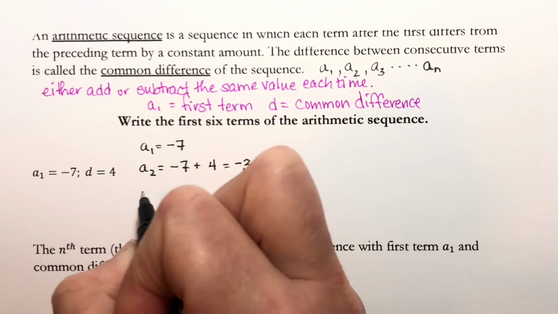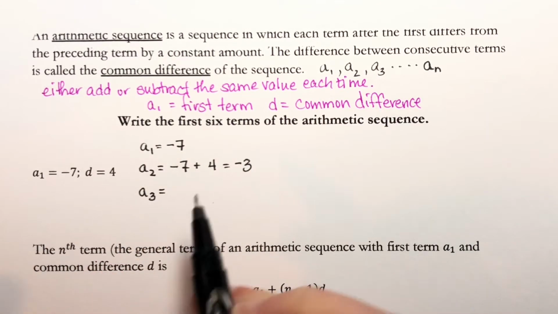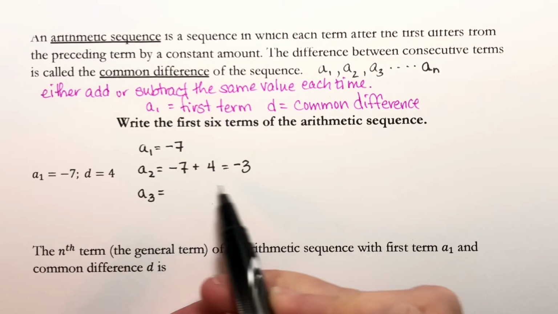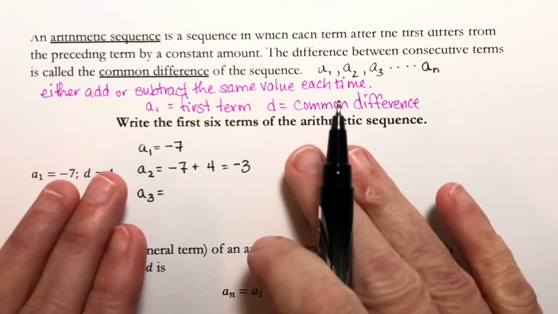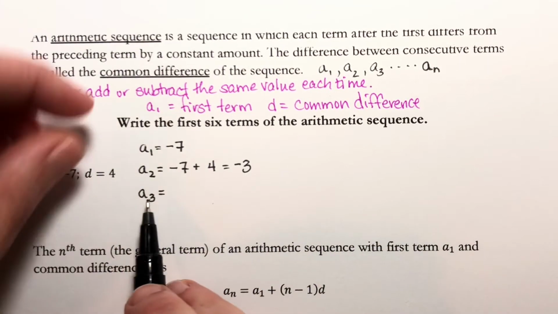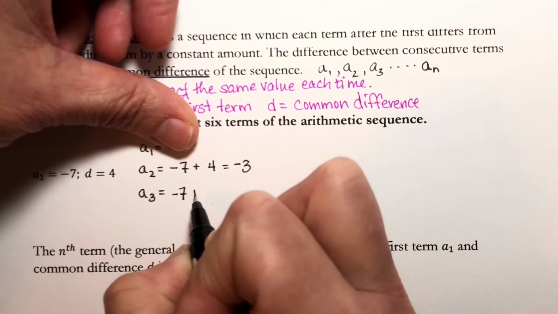Okay, now our A3. Again, normally on this problem, you would just go ahead and do this arithmetic. You're adding 4 every time, you're going to get there. Again, I'm doing something special here so that this makes sense. A3 would be take the one before it, and yes, I'm writing out this part, which makes it seem weird.